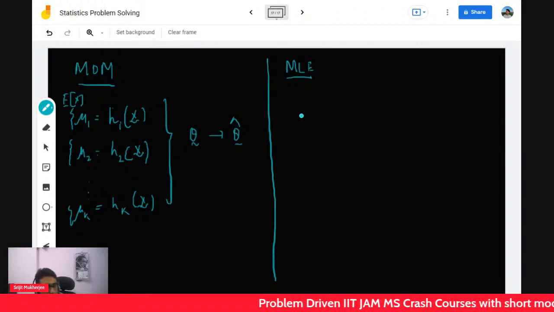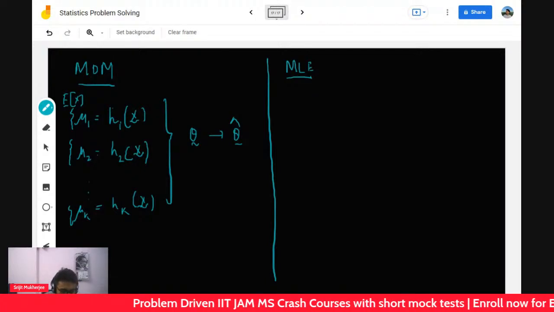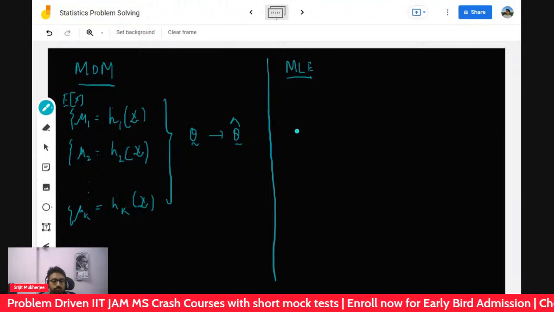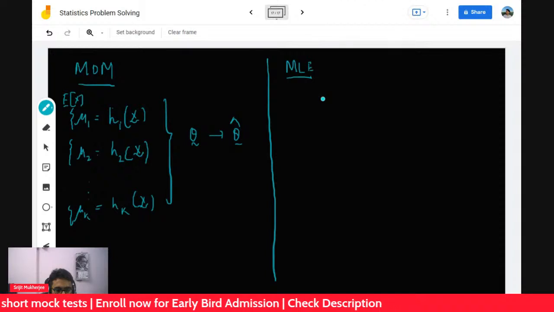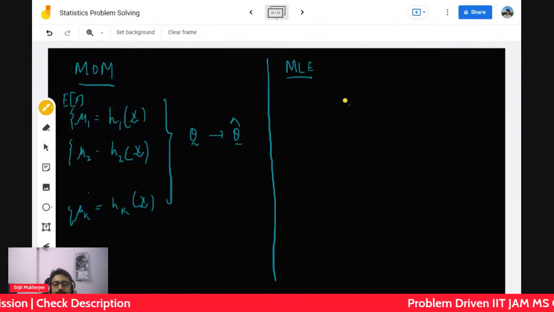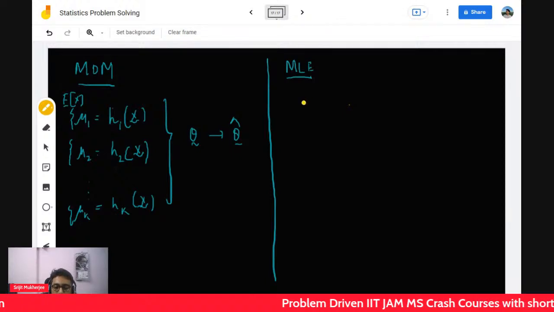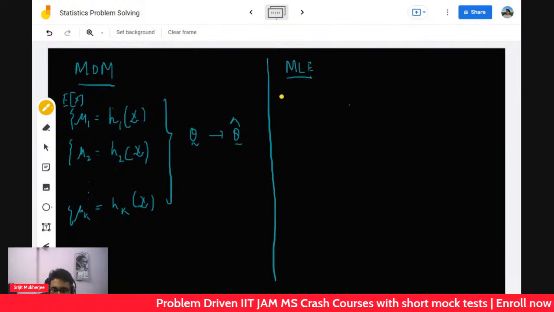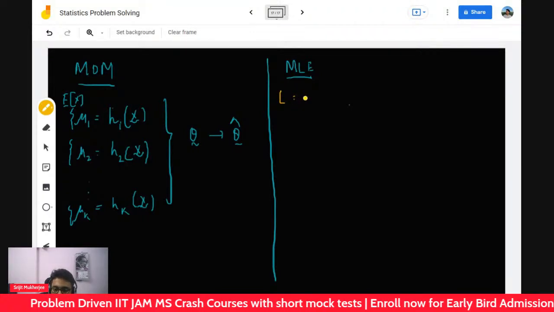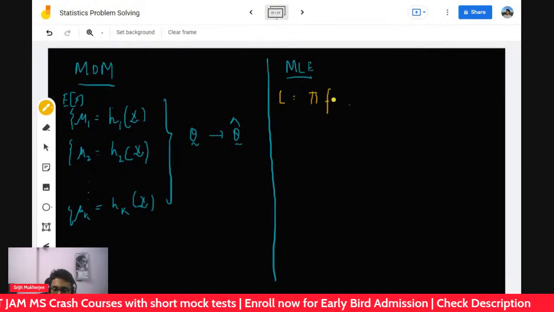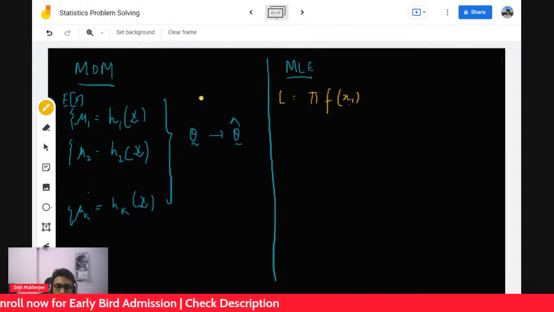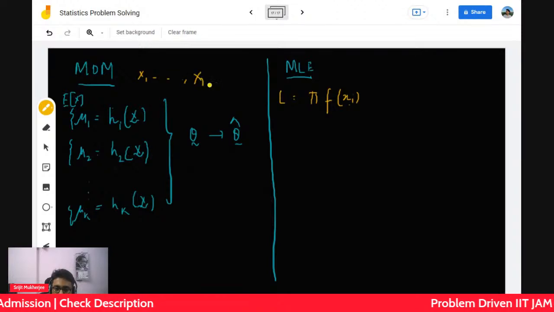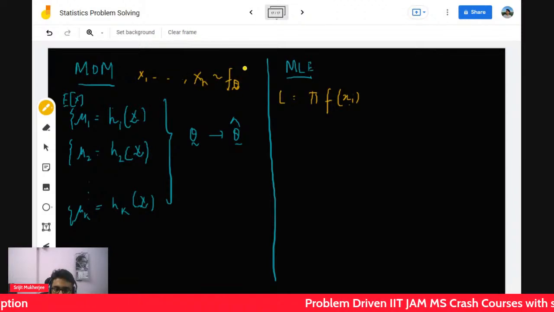MLE, what is done? What we do is the following. We take the likelihood, which is the product of f of xi's. Let's say x1, x2, ..., xn follow f theta.